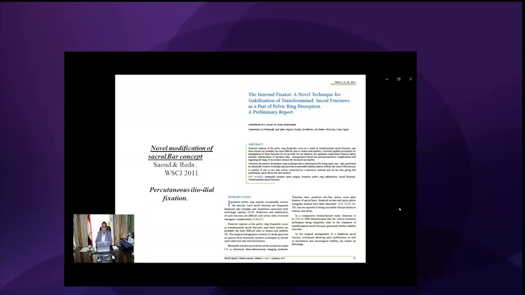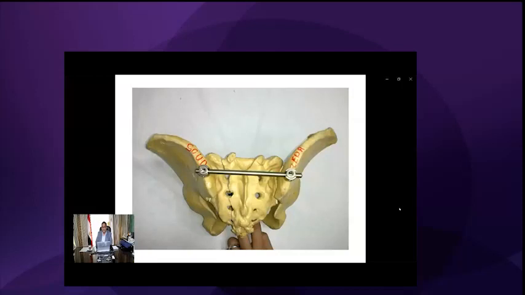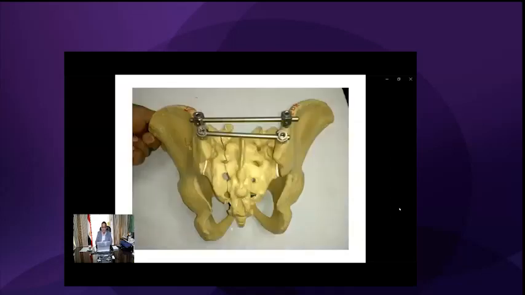First of all, we published the first two cases of this idea of the internal fixator. What is the internal fixator? It's iliac screws on both sides connected with a bar or a rod from behind. So it's like the sacral bar, but the sacral bar, as I said, did not work because it's completely posterior to the pivot point.